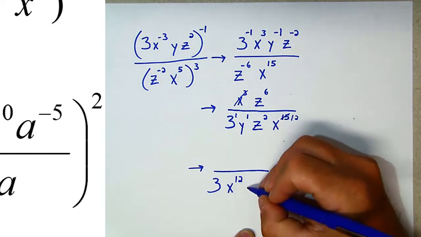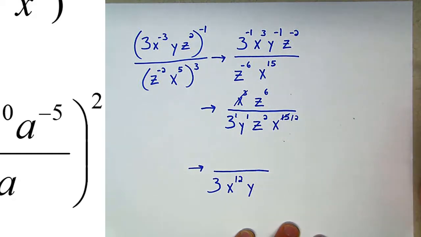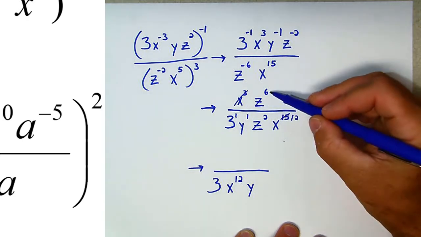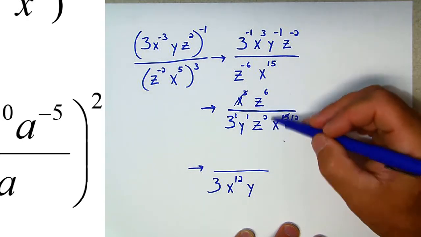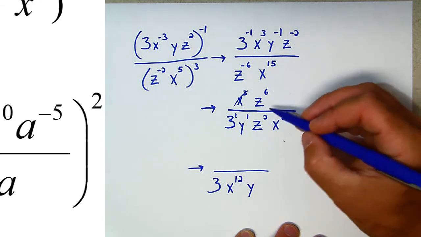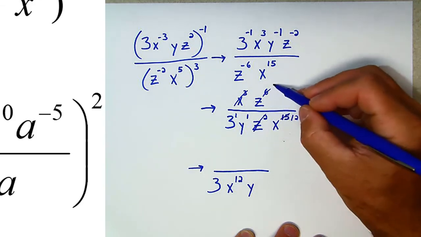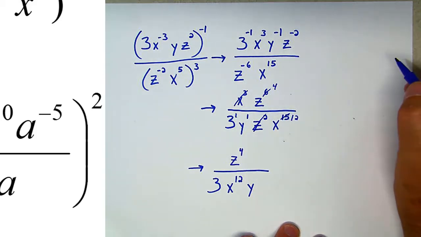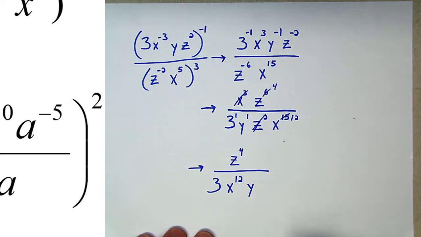That y, the only y, is in the denominator, y to the first power, but we don't need the 1. And we have z to the 6th over z squared. 6 minus 2 is the same as canceling 2 of those, and we're left with z to the 4th. And so this simplifies with positive exponents to be z to the 4th over 3x to the 12th y.